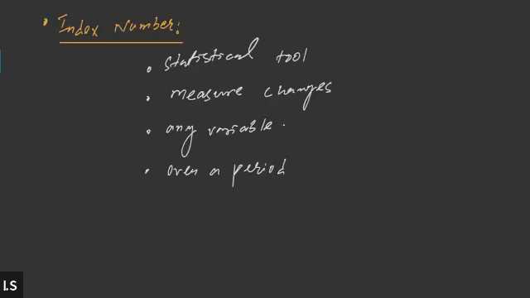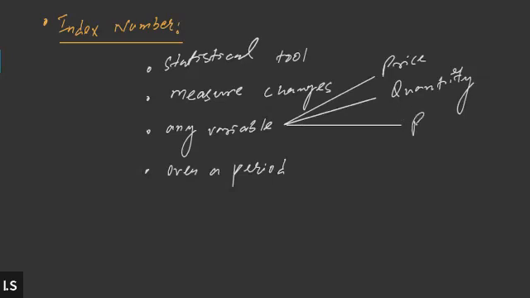For example, price of a commodity can be expressed in terms of number, so price is a variable. Quantity of a commodity is also a variable. Similarly, we can measure the profit of a particular entity, so profit is also a variable. Similarly, loss or production or any other thing, all of these are variables.